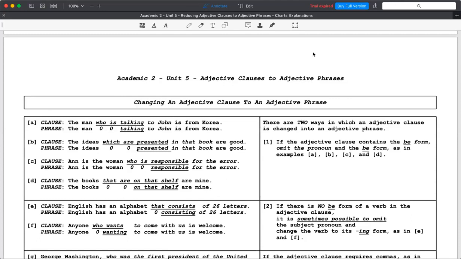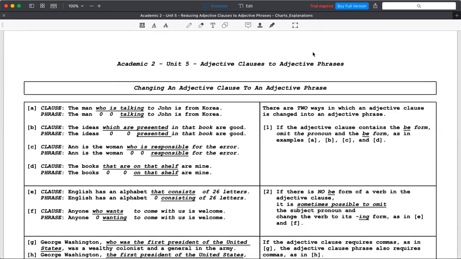Hold on a second. Let me open the next file. So the next file that I'm opening, I also send it through the chat box if you would like to save it, and please let me know if you still cannot see it.